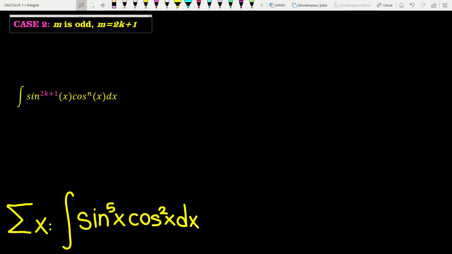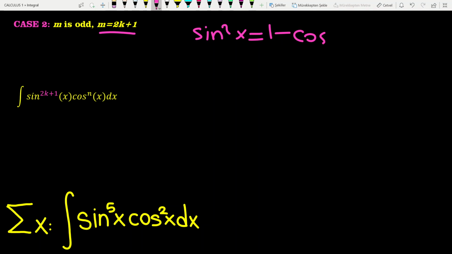In the second case, the power of sine function is odd, that is, m is equal to 2k plus 1. So in this case, we save one sine factor and use the identity sine square x is equal to 1 minus cosine square x. We use this identity to express the remaining factors in terms of cosine.